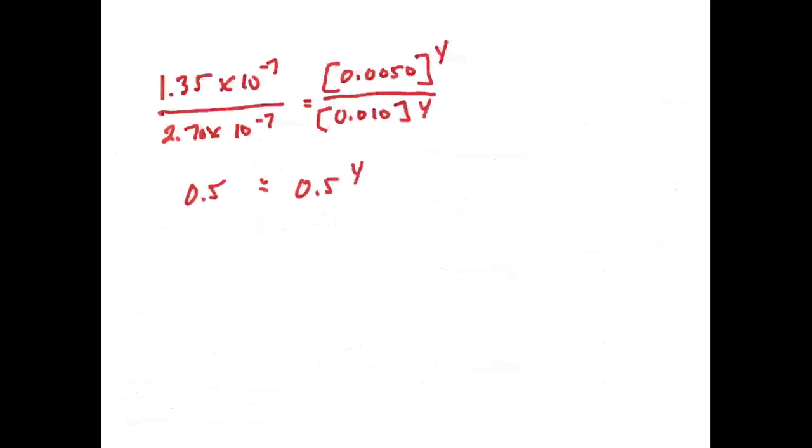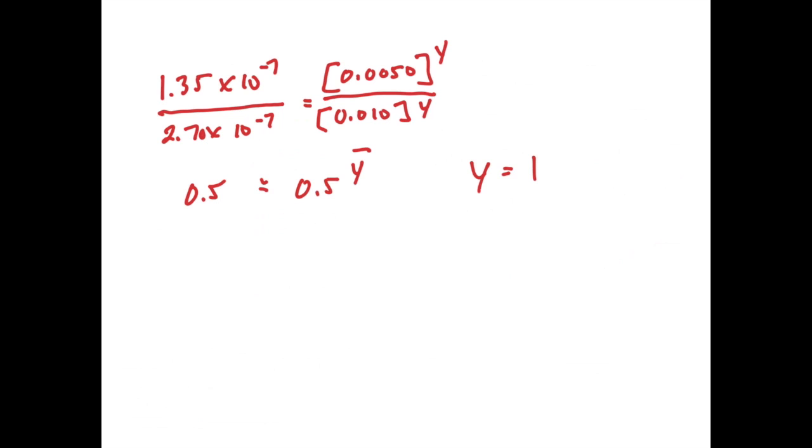Now, with some other problems, these might get complicated later on, so I want to show you something called the rule of logs in terms of solving for these. This expression right here can be viewed as this. I can say the log of 0.5 is equal to y times the log of 0.5.